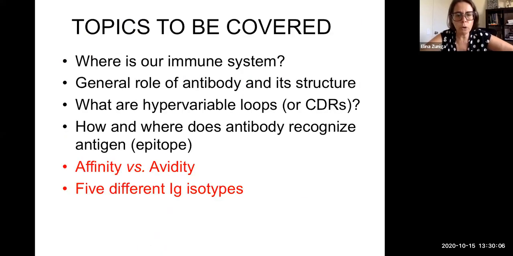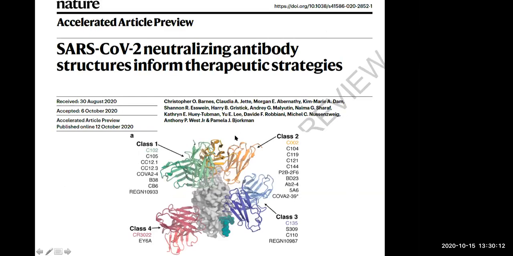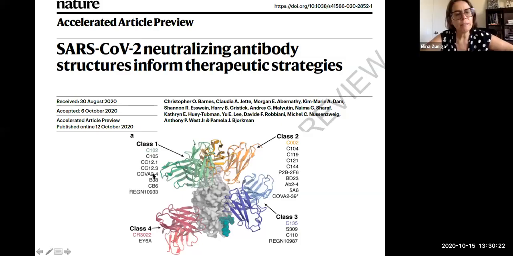Okay, I had a question. Yes. About the previous slide, those labels like C002, are those different names of antibodies? Yes, that is basically how they name them, I think this may be Regeneron, for example. It is the company or the investigators that reported them, right?